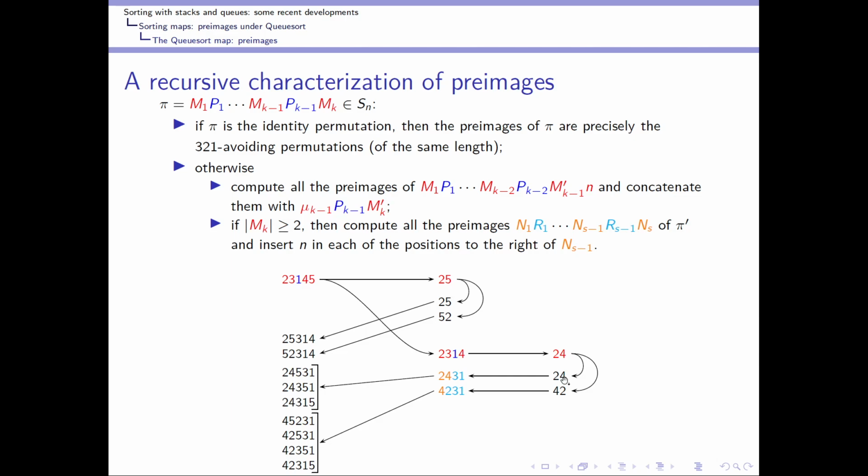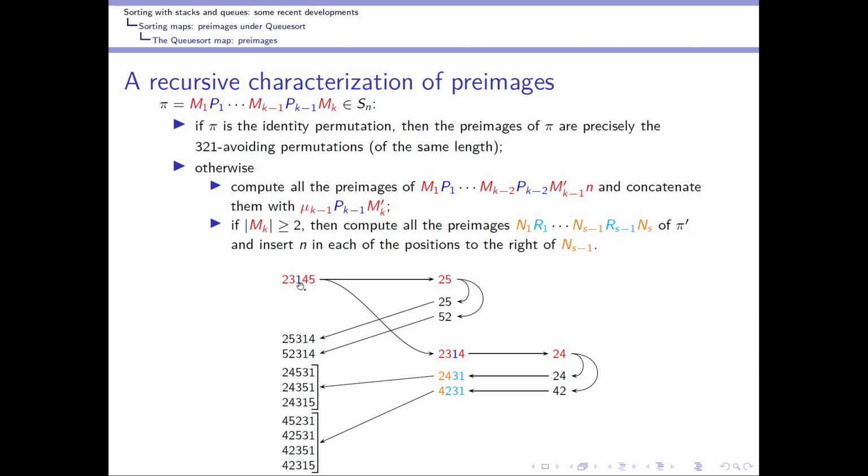You compute the preimages of 2, 4, which are these two, and you concatenate with 3, 1, thus obtaining these two preimages of this permutation. Now you have to insert 5 in each of the positions to the right of the orange element. So in this case, you obtain these 3 permutations, and in this case, you obtain these 4 permutations here. And so this is the whole set of preimages of this permutation.